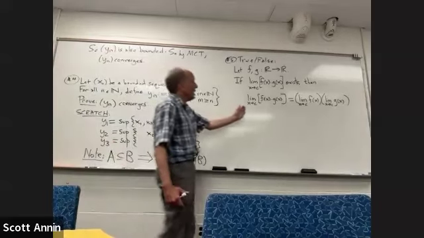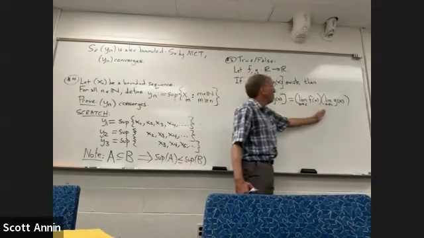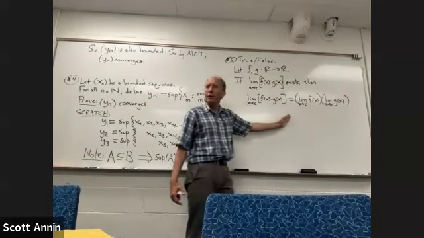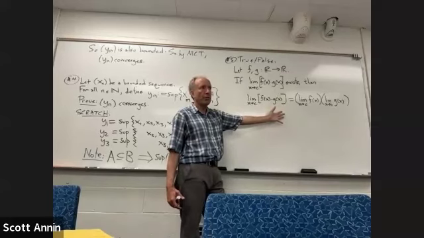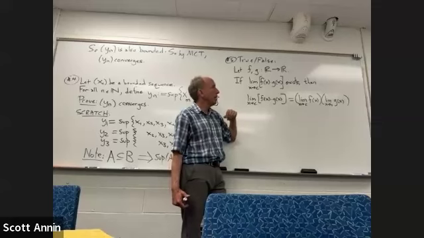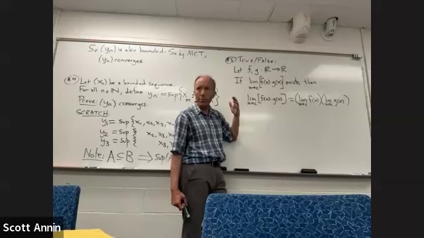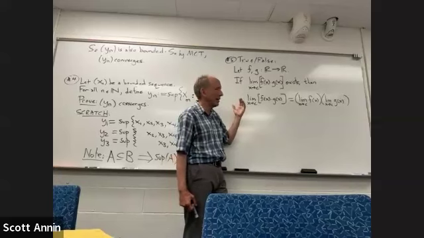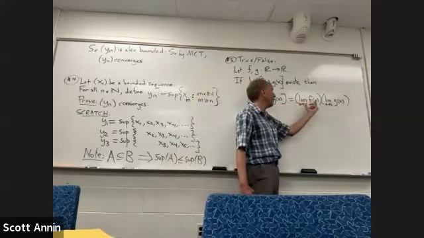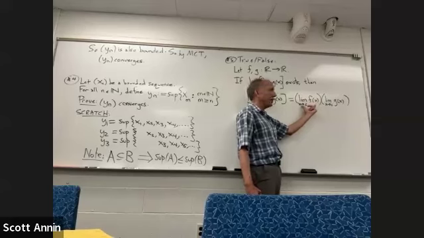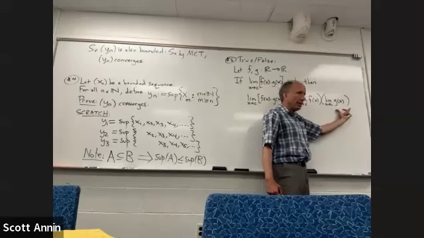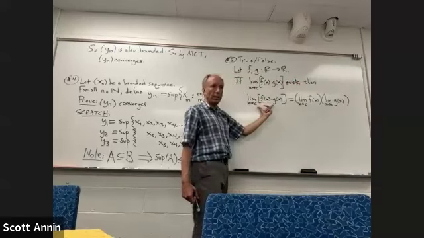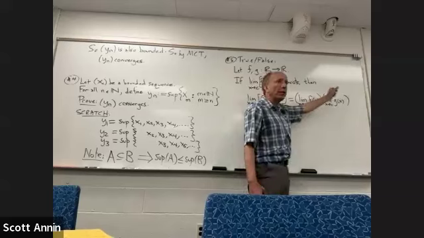This statement looks familiar, maybe. It actually looks just like our limit theorems for functions. So maybe this has something to do with that. We have to remember what that theorem says. What that theorem says is that if this limit exists and this limit exists, then this limit will exist and it will be the product of the individual limits.